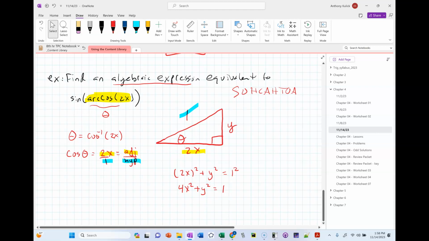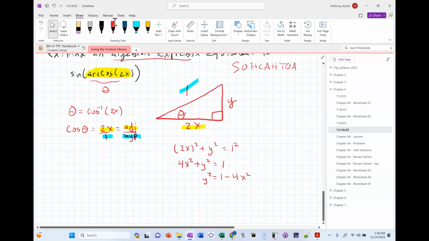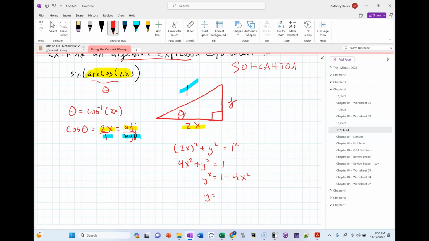So far, so good? I'm going to get y by itself, so I'll subtract 4x squared from both sides. And then to get just y, what am I going to have to do? Square root both sides. When I square root both sides of an equation, what do I need? Plus or minus. Good.